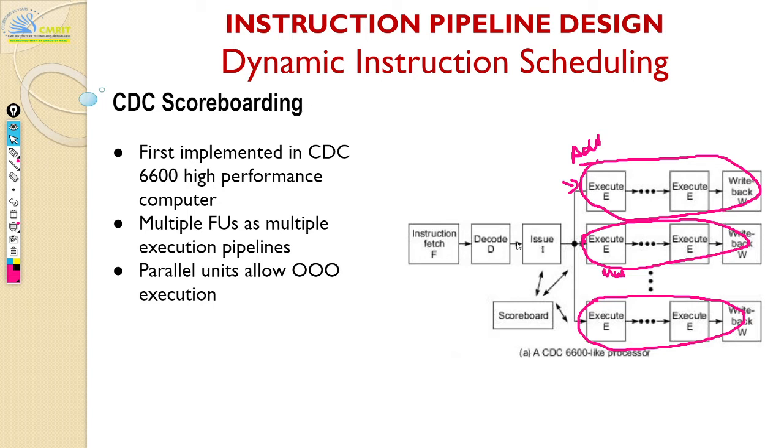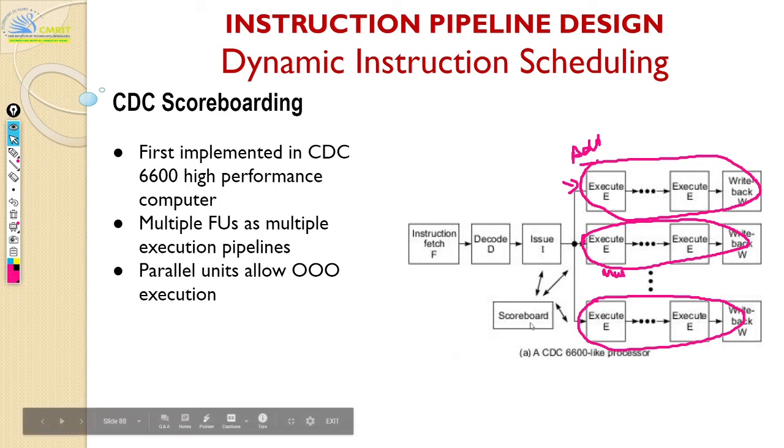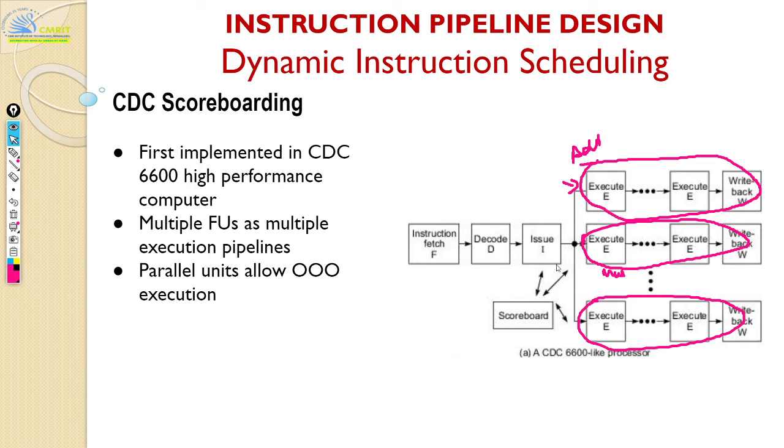Meaning, in your issue stage, the scoreboard will decide based on which pipeline is free and which operand is free, and it will say, hey, you go take this pipeline. So it's something like a dynamic queue, where you have different counters and you dynamically switch between the queues.